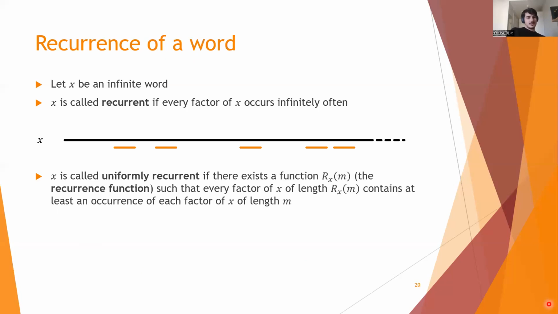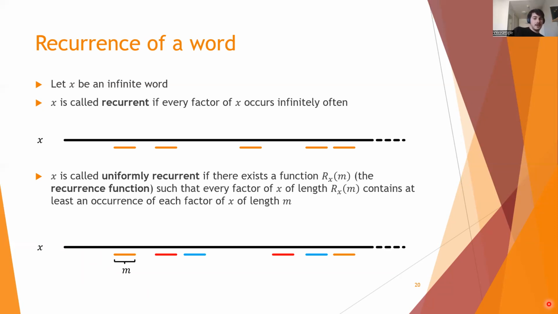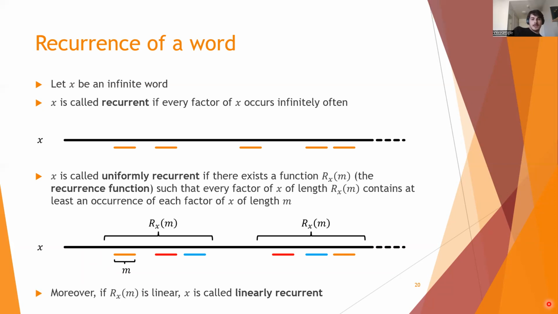If there exists a function R_X of m, which is called the recurrence function, such that every factor of X of length R_X of m contains at least an occurrence of each factor of X of length m, then the word X is called uniformly recurrent. Further, if R_X of m is linear, then X is called linearly recurrent.